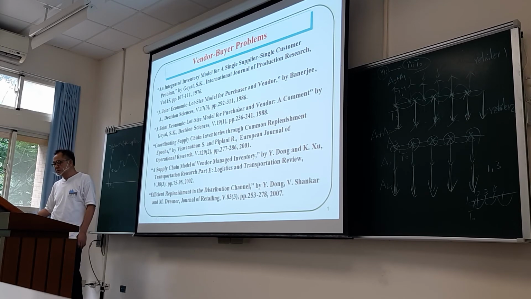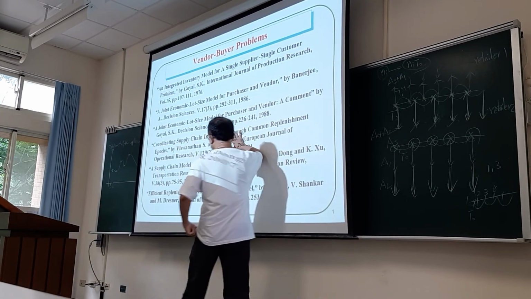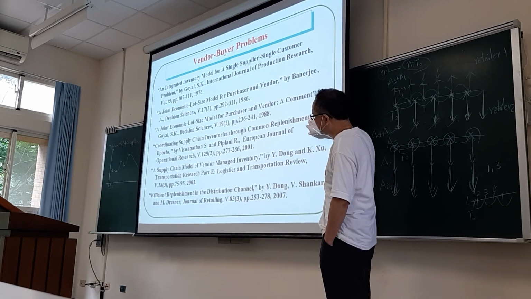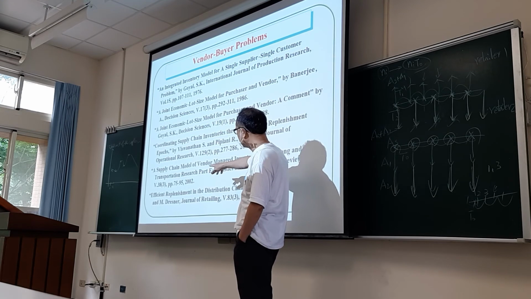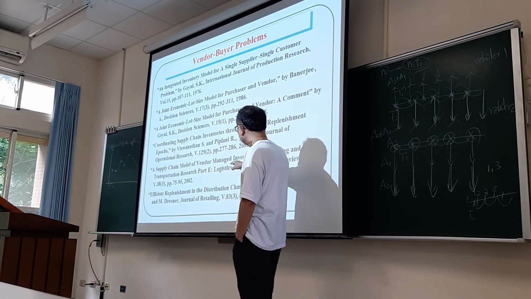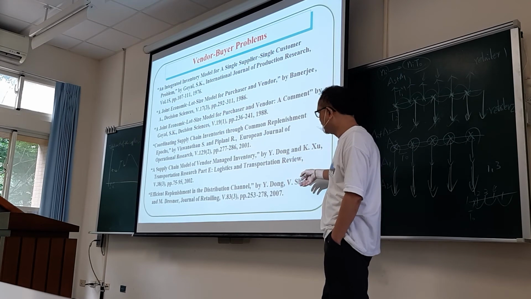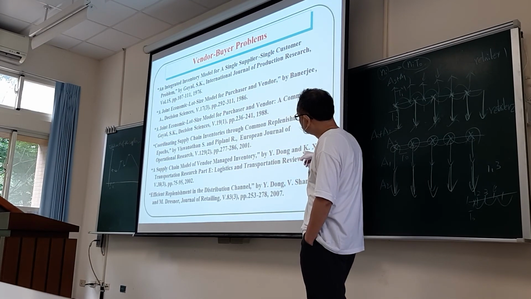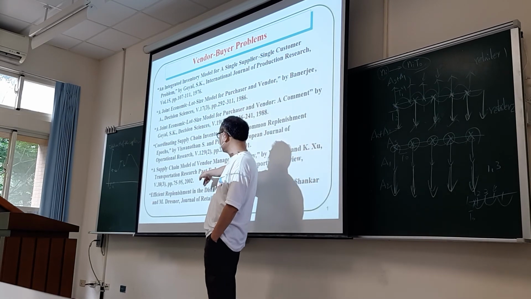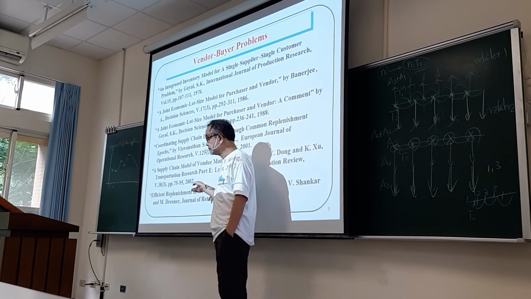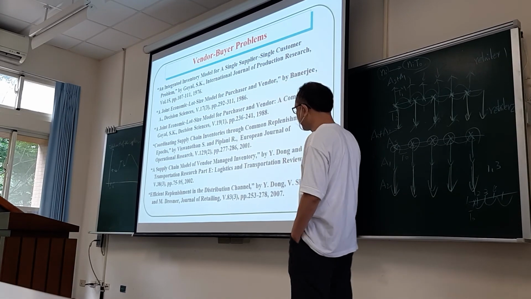Okay. So I just finished introducing this CRE model. And then after the break, I'm going to introduce so-called a supply chain model for vendor management inventory. So it's a VMI model, by Dong and Wu in Transportation Research Part B, appeared in 2002.